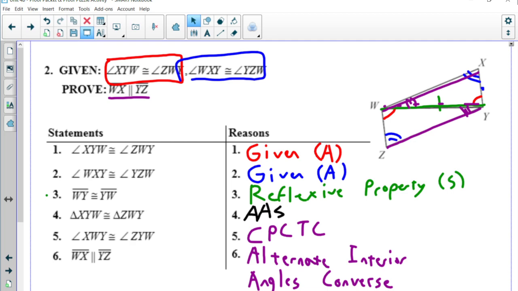So that is our proof there. We got our triangles congruent by the angle, angle, side with that reflexive property. Then we wanted to know they're parallel, so CPCTC gave us those angles we were looking for, and those angles were alternate interior angles. Okay. Questions there?